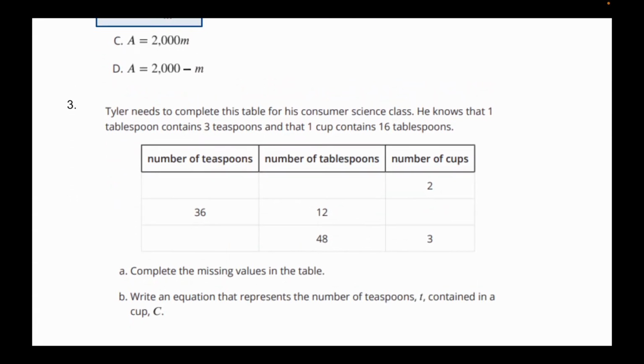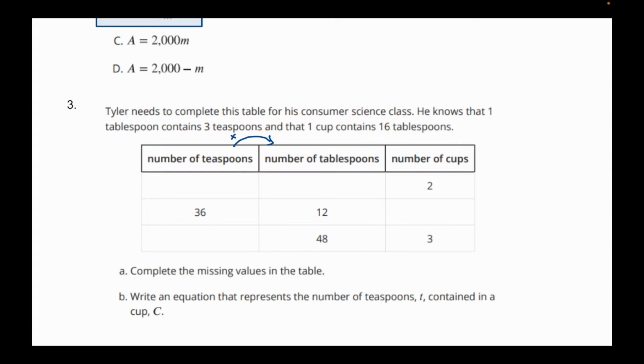So Tyler needs to complete this table for his consumer science class. He knows that 1 tablespoon has 3 teaspoons, and 1 cup is 16 tablespoons. So a teaspoon, there's 3 of them in a tablespoon. So I'm going to write this in my column here.